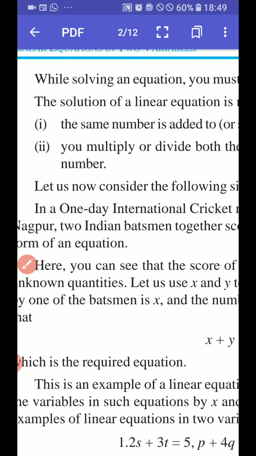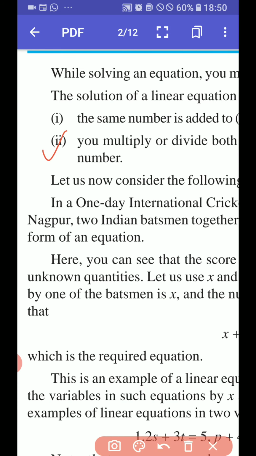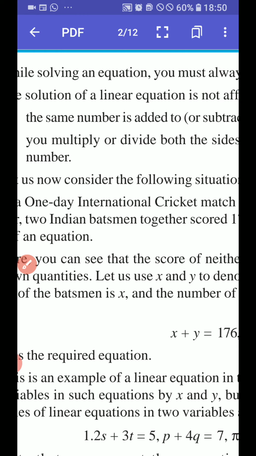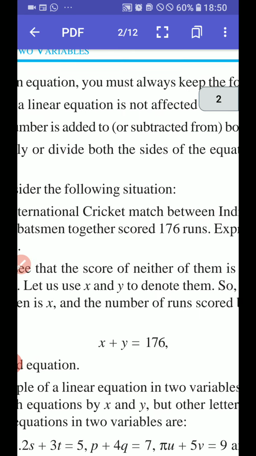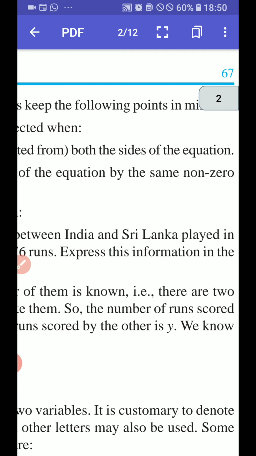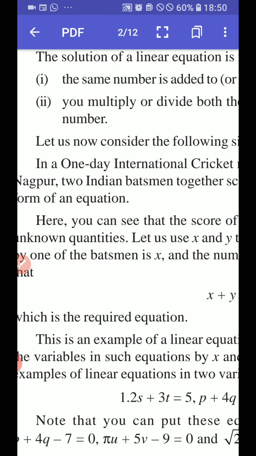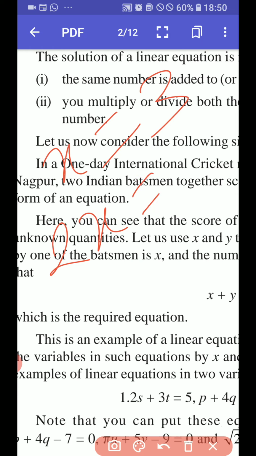Come to the second one, which you need to understand. Second, you multiply or divide both sides of the equation by the same non-zero number. Let us suppose you have an equation x equal to 3 of one variable. If you multiply this equation by 2 on both sides, 2x equal to 6, the solution will be x equal to 3.